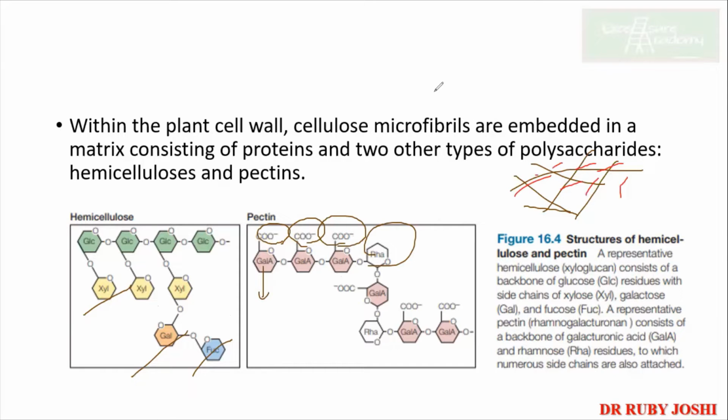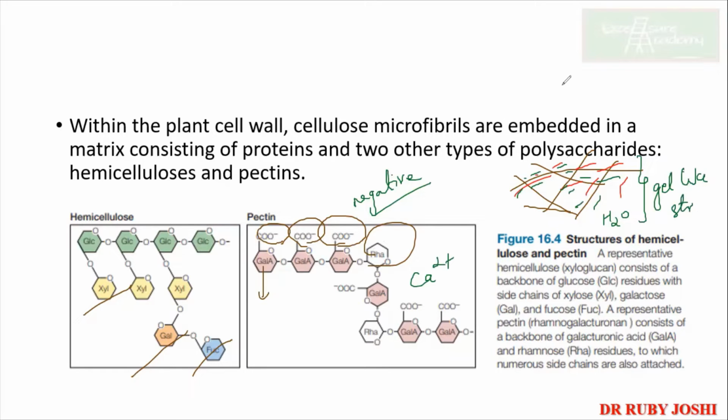And we have pectin. Okay, like this. So this pectin is having the negative charge. So in order to stabilize the entire structure, the pectin interacts with calcium 2 plus. Okay. Now because of these negative and positive interactions, they retain water and result in a gel-like structure.